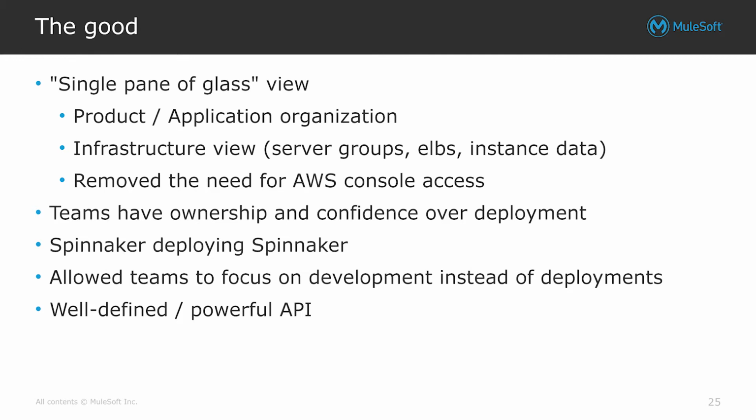And we love that it removed the need for everyone to have access to the AWS console. Teams have ownership and confidence over their deployments. One of the things that maybe we didn't touch on during onboarding was that when we initially started onboarding a lot of these applications, it was very hand holding, and we started with only one or two teams.